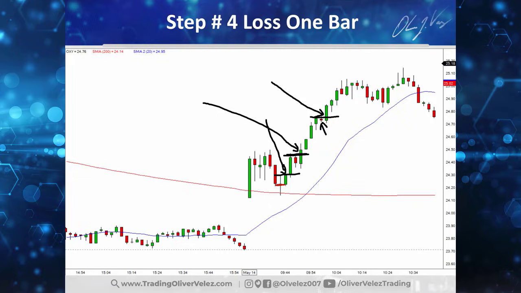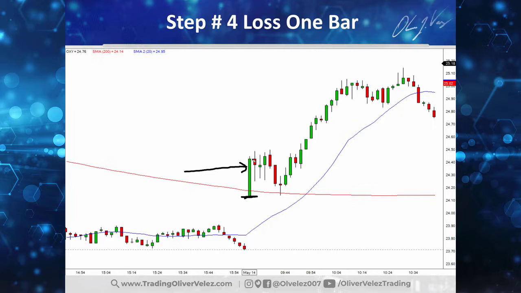Now that you know the two main things, all right, surges and color changes, where does the only lose one bar come into play? Well, it's simple. If my traders are going to buy into this bar as it's surging off of the 200, they cannot lose more than this bar.